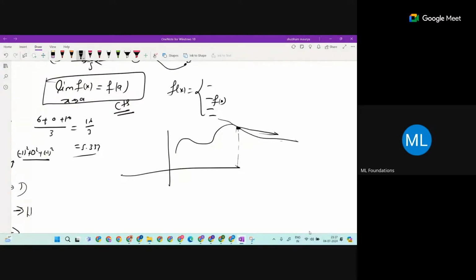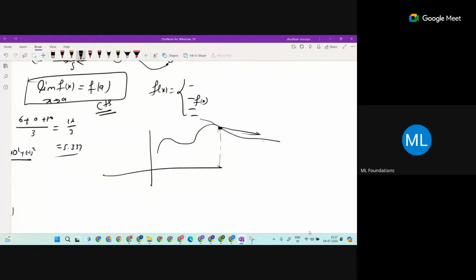We'll use the differentiability definition to find the derivative of a function. In a line there is a slope, a characteristic of the line. Similarly, we'll try to calculate it for a function.